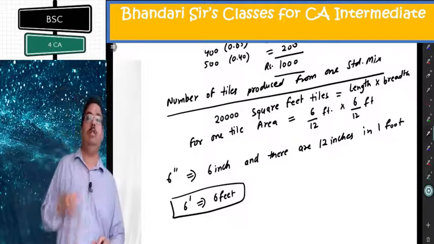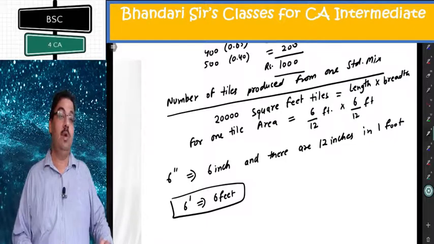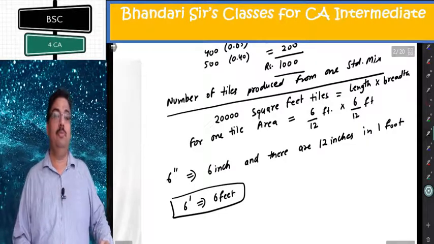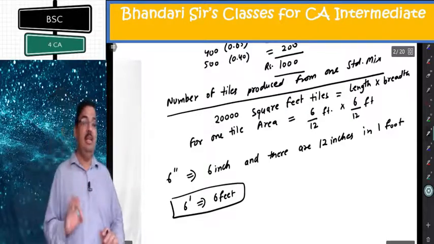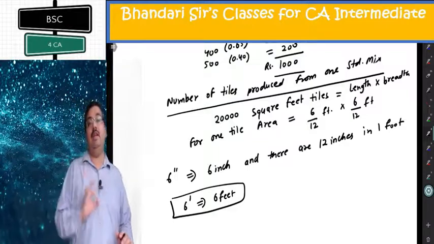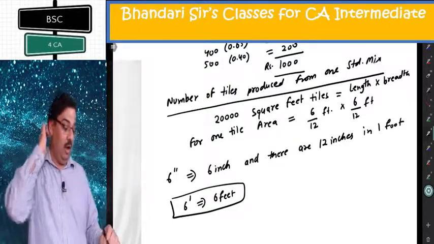Small maths, a chapter called mensuration you study in 9th and 10th class or even 8th class. You have to remember that before you do this question. Double dash is inch, single dash is foot. 1 foot is having 12 inches. So from there I am getting half foot into half foot.